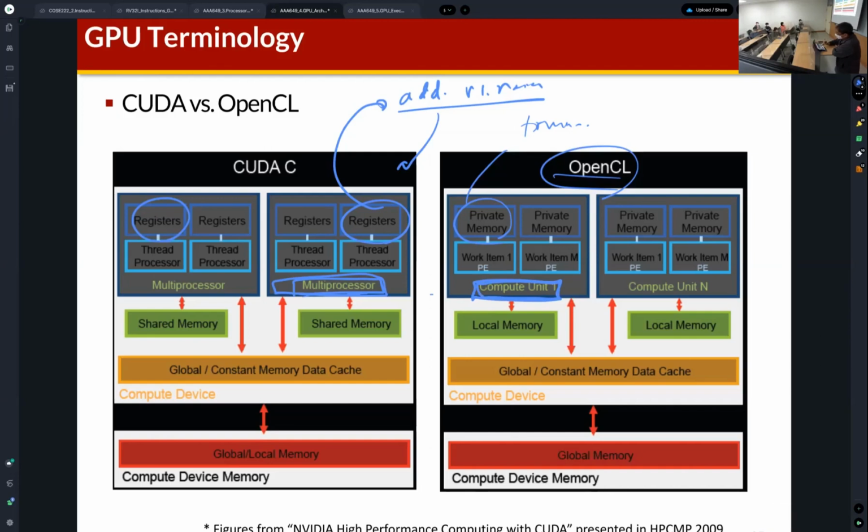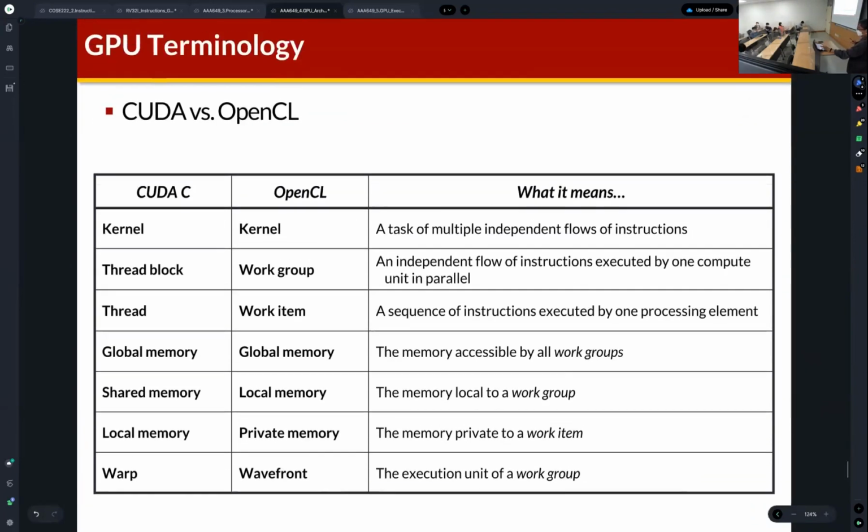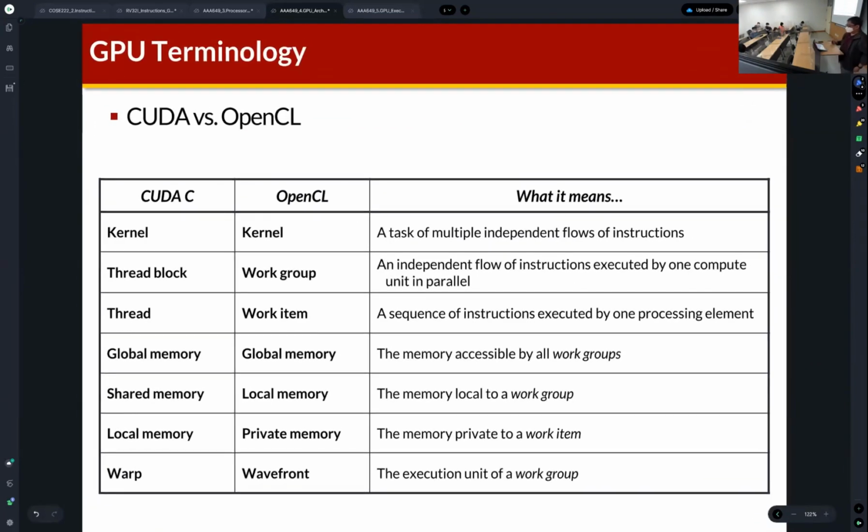And then shared memory is the local memory. It's just the terminology that is different. The global, constant, and data cache are the same. And warp is the wavefront in OpenCL. So I just summarized the terminology of CUDA and OpenCL.